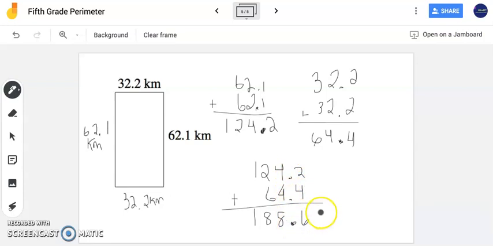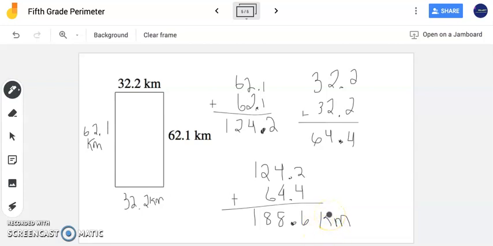So now the final perimeter of this rectangle is 188 and 6/10 kilometers. Now, I know this is correct because I'm looking at my rectangle and just confirming that I included all 4 sides when I was adding these numbers together, giving me an answer of 188 and 6/10 kilometers.